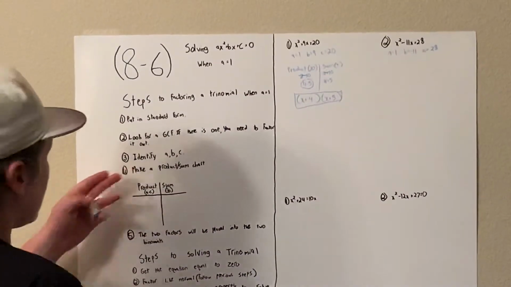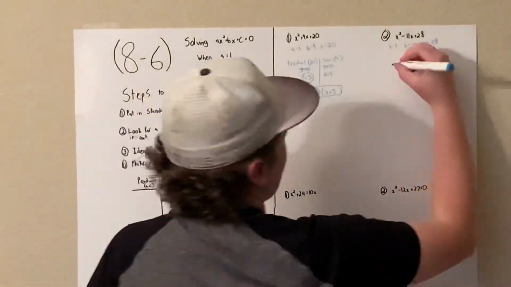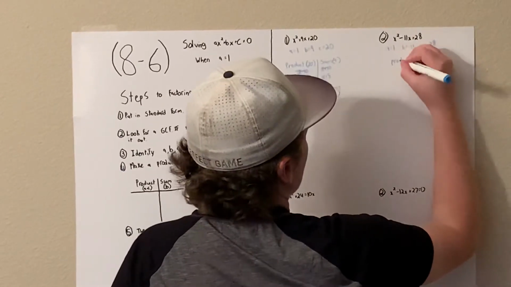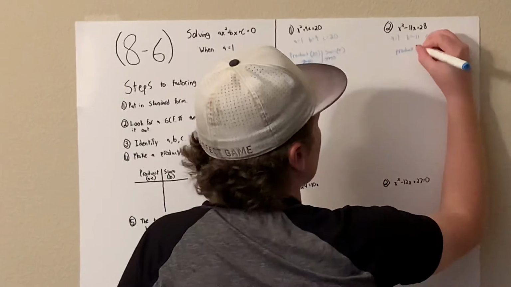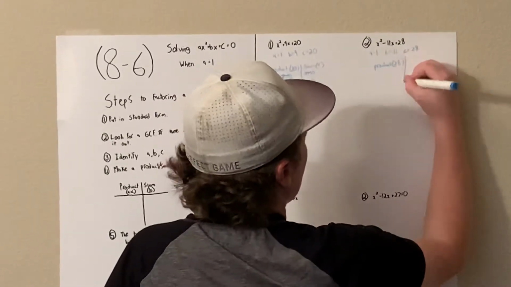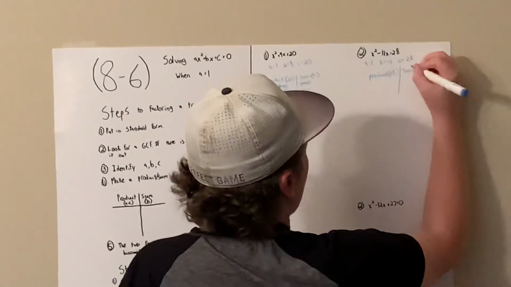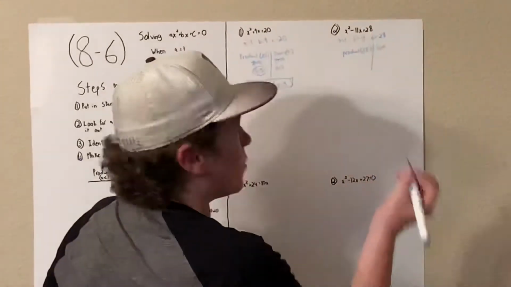Then, step 4, make a product sum chart. It would be a product of 28 times 1, which is 28, and then a sum of B, which is negative 11.